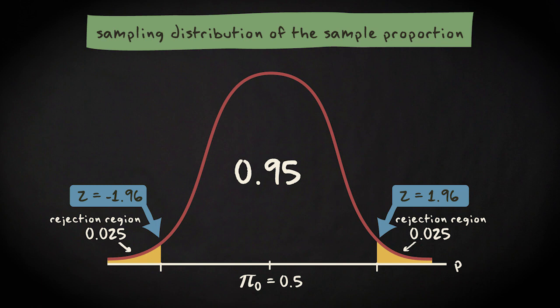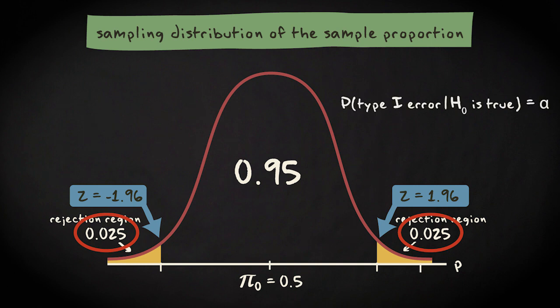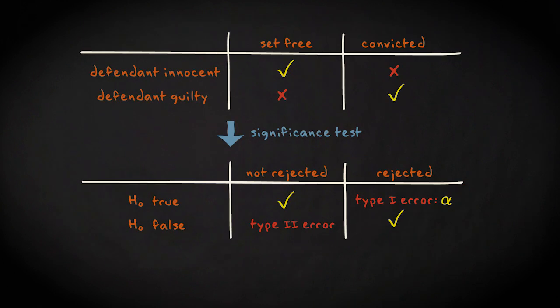Now, if your test statistic falls within the rejection region and is, in other words, a value more extreme than the critical values, you reject the null hypothesis. The probability that this happens is 0.025 plus 0.025 equals 0.05. This means that the probability of a type 1 error is equal to the significance level. Or, in other words, the probability of a type 1 error, given that the null hypothesis is true, equals alpha.